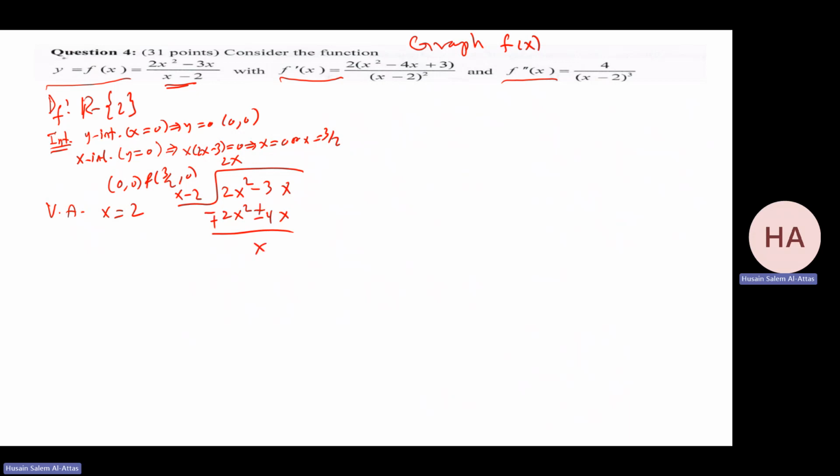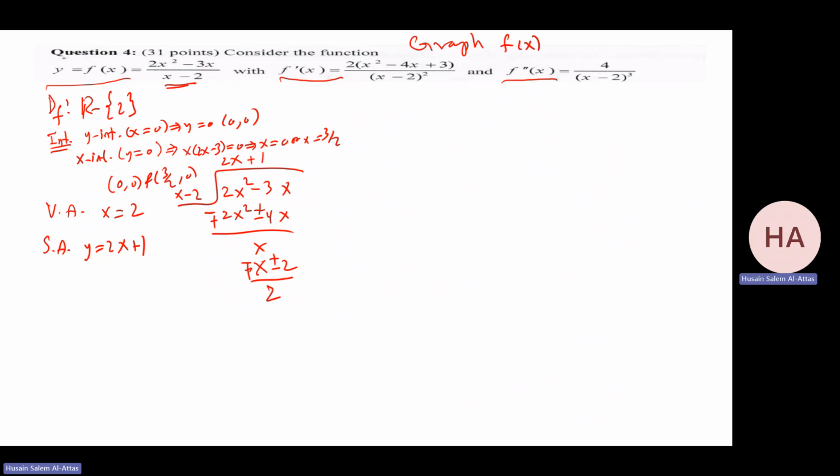So it will be x divided plus 1. So I have x minus 2 plus minus, that's plus. It's 2. So the slant asymptote is y equals x plus 1. Okay. What else? Symmetry, no symmetry. Okay, that's it. Now we'll go to f prime.